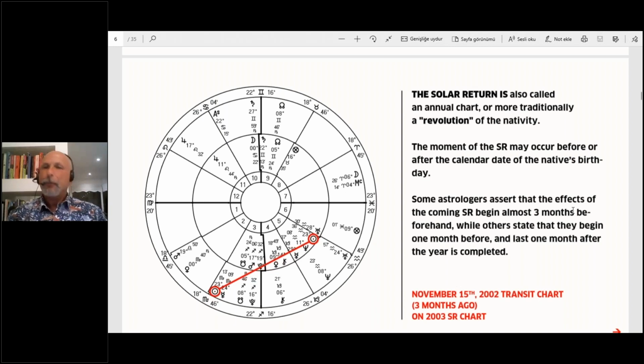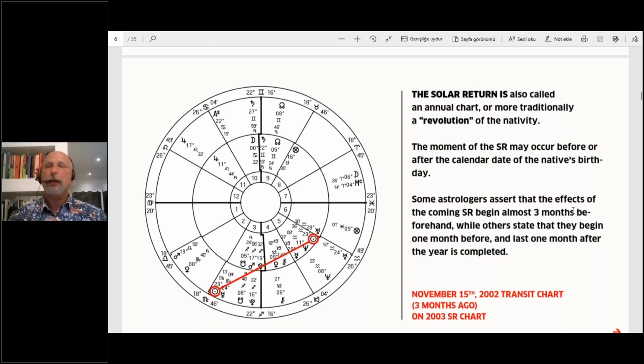Probably this triggering aspect gives some information, indicating what the next year will bring. Some astrologers say that solar returns begin 1 month before the exact time, and last 1 month after the year is completed.